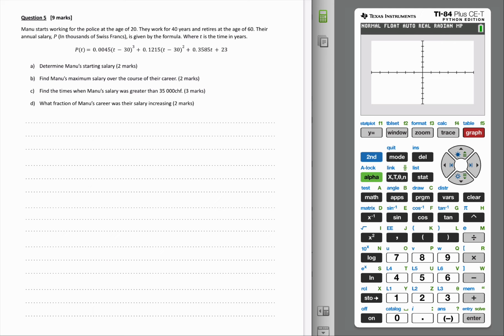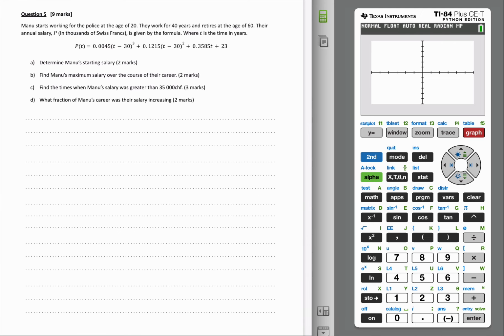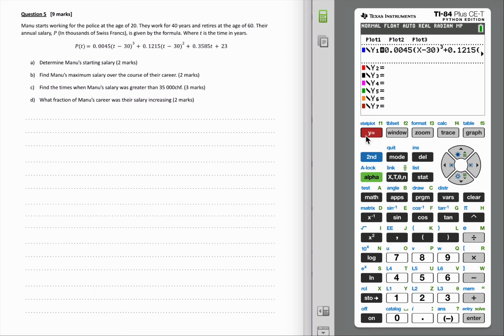A modeling question, and this time we have a cubic function, which we can see because we have this power of 3 here. But all functions are exactly the same, and so the first way that we're going to start this is to graph it. So you can see here I've written 0.0045x, so I've changed the variable to x as we have to with the calculator.